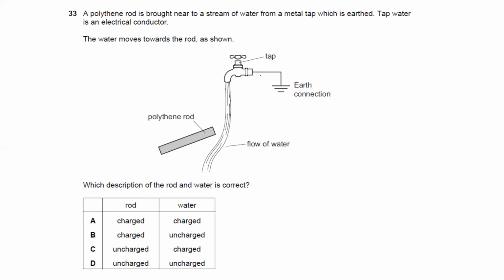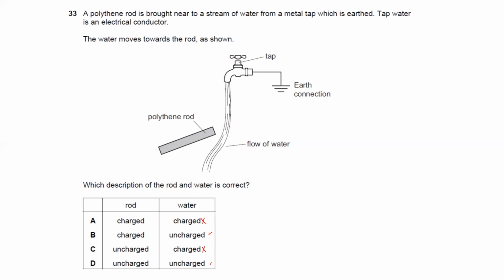So what's happening here is that our tap is earth and our water is flowing from an earth connection. Technically, there is no charge on the flowing water, so the flowing water is uncharged. Since the polythene rod is moved near the stream and the stream moves towards the rod, there must be some charges associated with the rod, and those charges have induced some charge, and the water is pulled towards it.